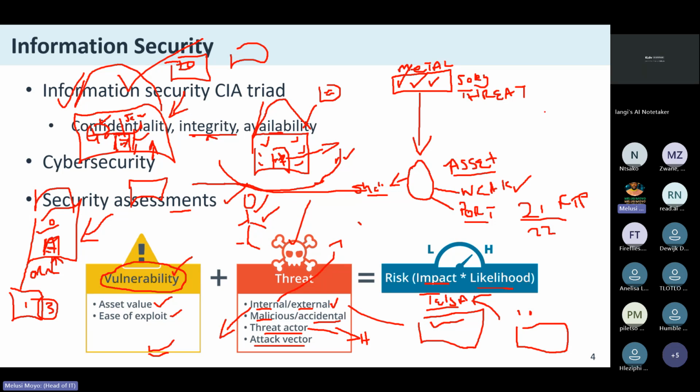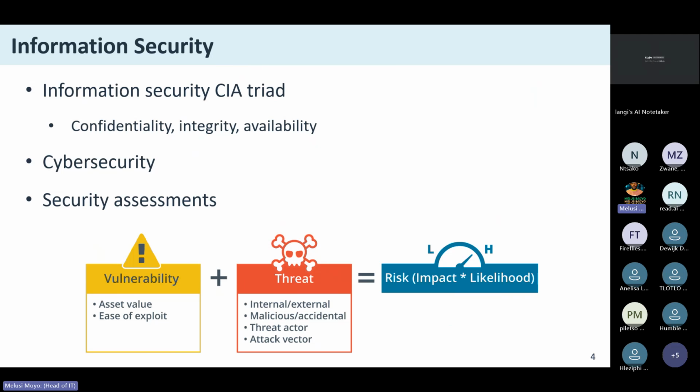For example, we have IDS, an intrusion detection system, designed to detect any intrusion into your network. We also have IPS, the intrusion prevention system, and firewalls. We have different tools that we're going to look at to make sure that we protect our systems.